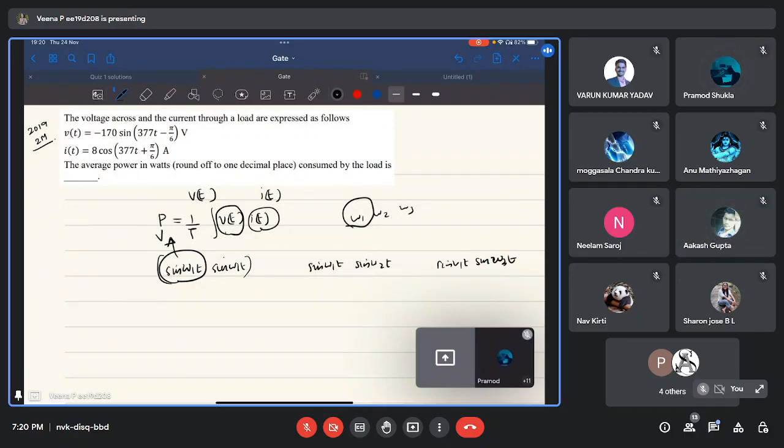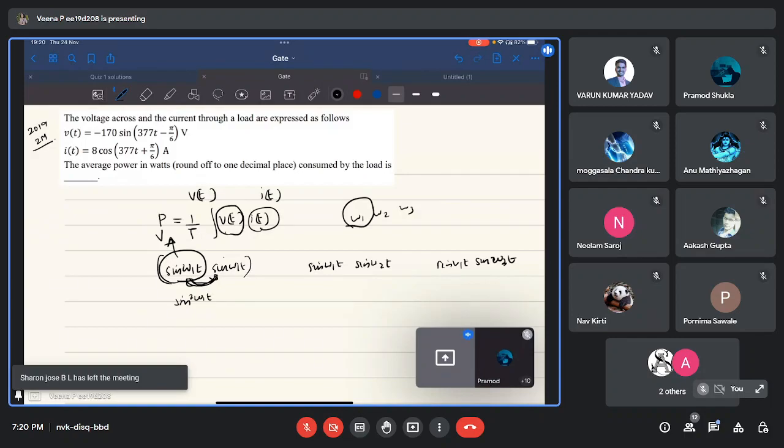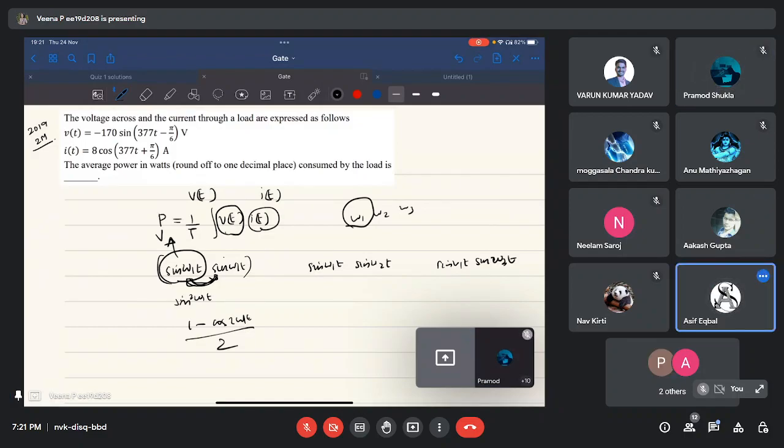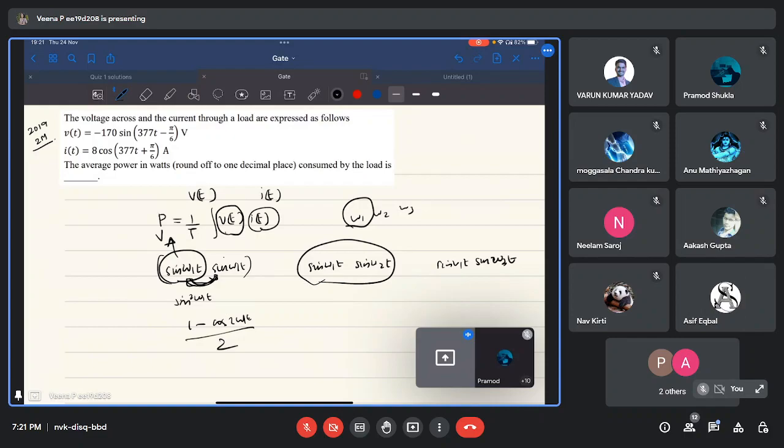If you multiply similar frequency components, this is sine square omega 1t. What is sine square omega 1t? It is (1 minus cos 2 omega t) by 2. Similarly, for the product of sin A sin B, it will be cosine of (A minus B) by 2 minus cosine of (A plus B) by 2.